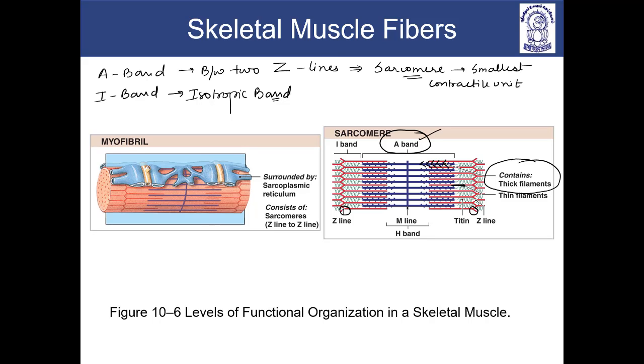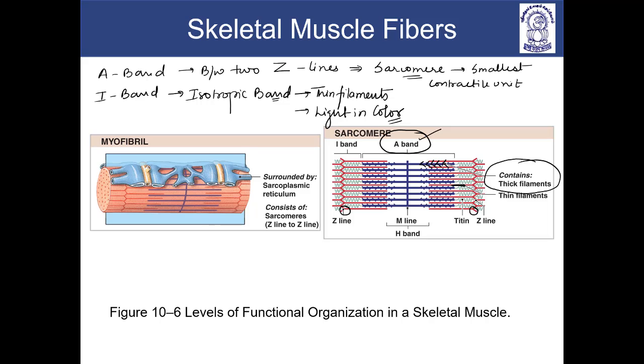I band or isotropic band is made up of thin filaments, and it is light in color. While the A band or anisotropic band is basically made up of thick filaments.